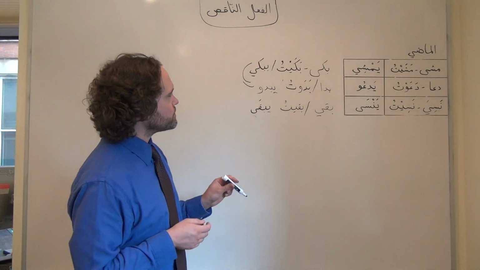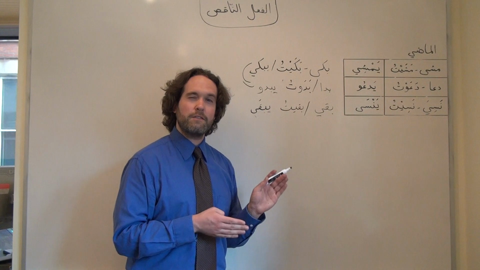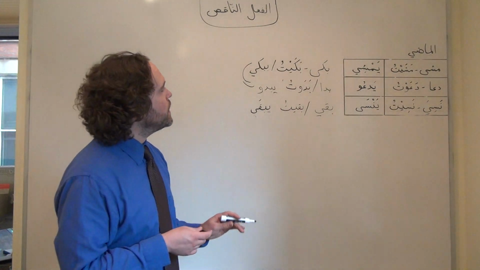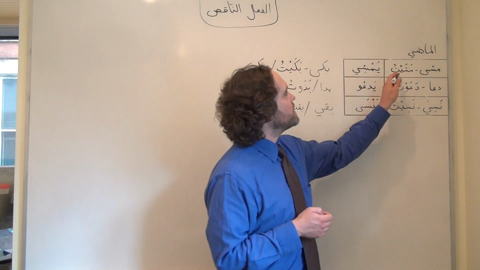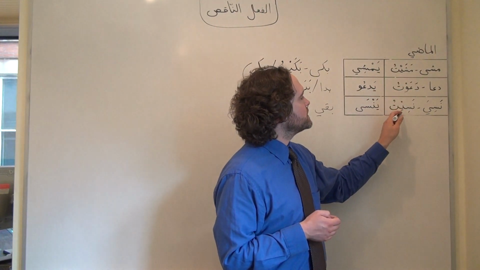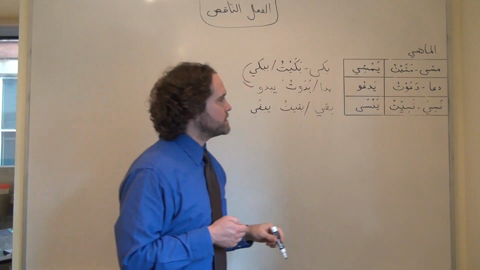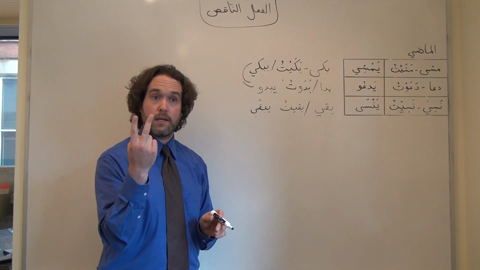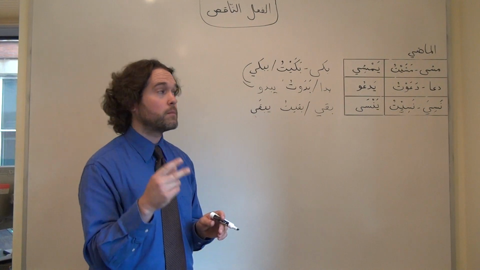First is that for the past tense feminine third person singular conjugation, hiya, we're going to drop that vowel entirely. The reason is that we can't have two sukoons next to each other in consecutive letters in formal Arabic.